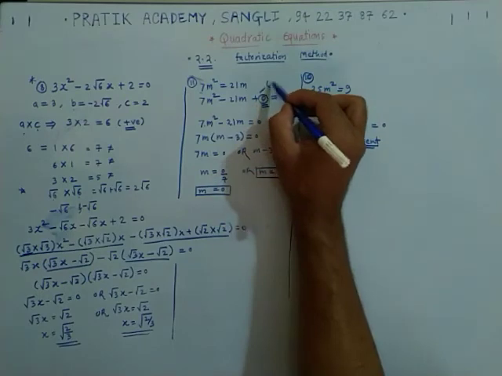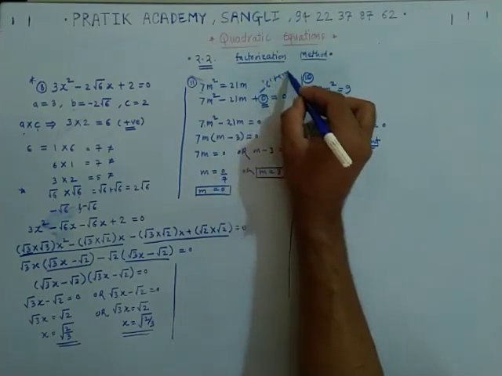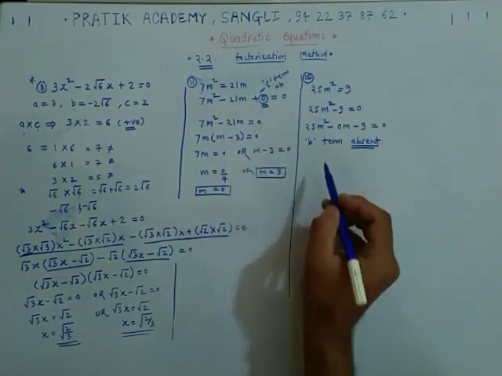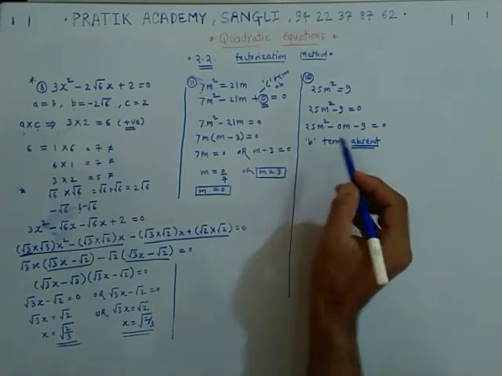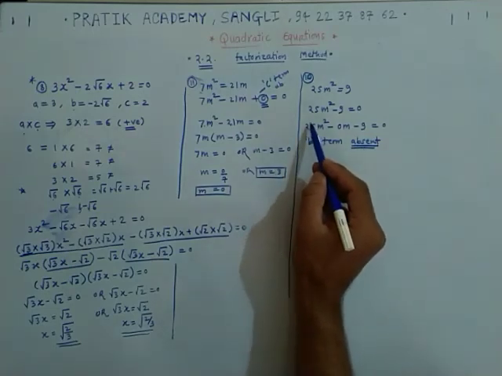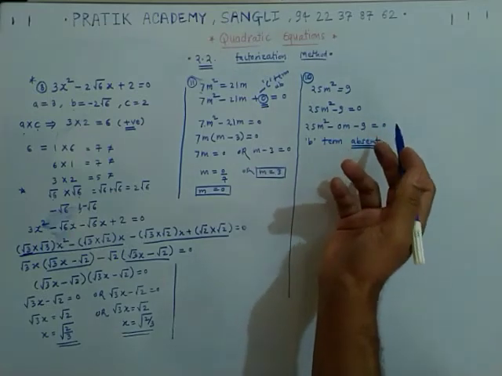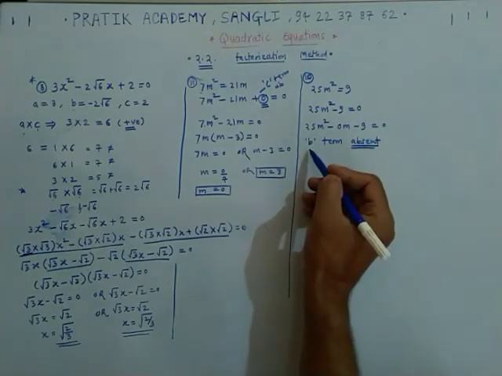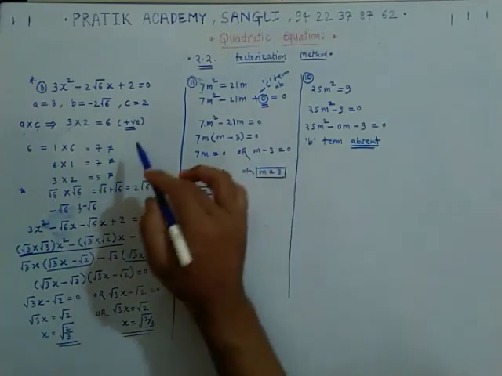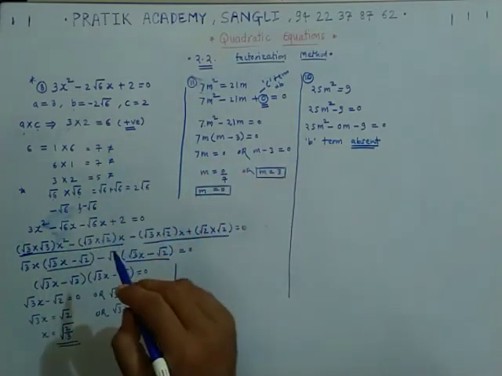The c term is present. So the b term is absent, and then if we take the product of a and c, there is no term to compare this product with. Okay, so again we don't want to go with these steps.